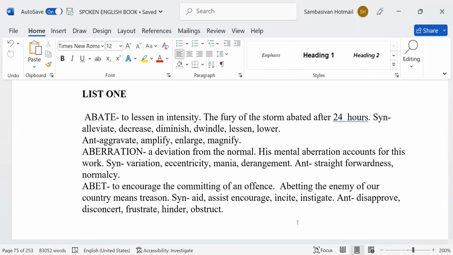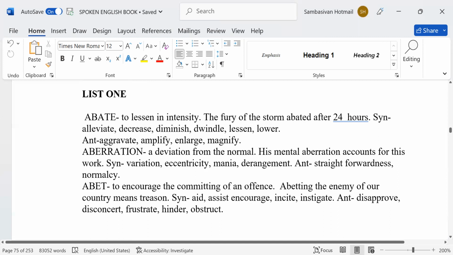The fury of the storm abated after 24 hours. एक वर्ड दे दिया, उसका मीनिंग भी दे दिया, उसका बाद में इस सेंटेंस में कैसे यूज होगा वो भी दे दिया, उसका बाद में उस वर्ड के लिए क्या क्या सिनोनिम है वो भी दिया है, उसका बाद में एंटोनिम्स भी दिया है. अबेट के लिए सिनोनिम क्या क्या है?